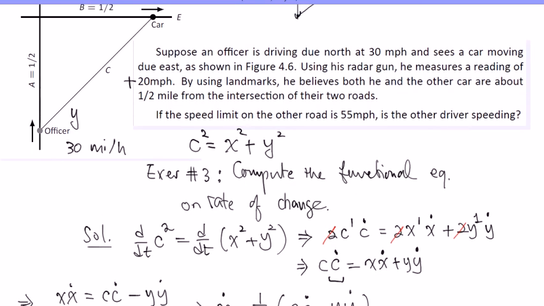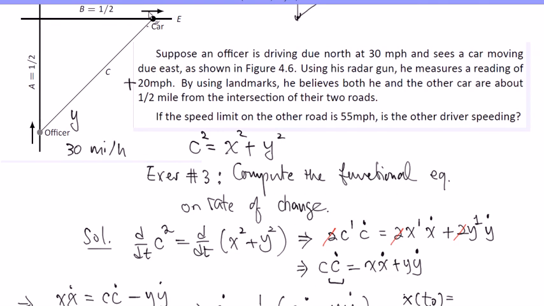Okay, so let's just think about an instance there. I'm going to use t0. So what is x of t0 in that picture there? The location of the car there, right? It says 1/2 mile. So from there, this is 0.5.